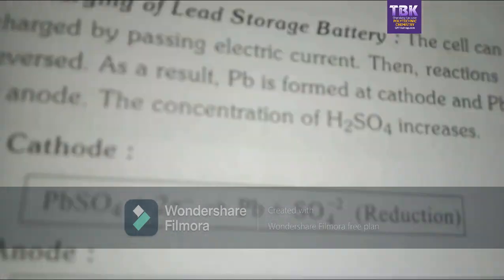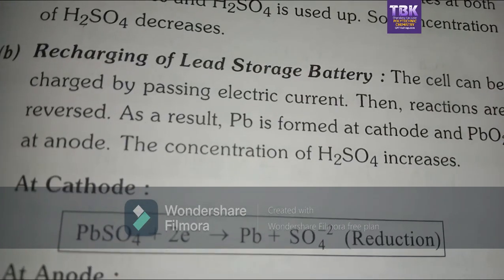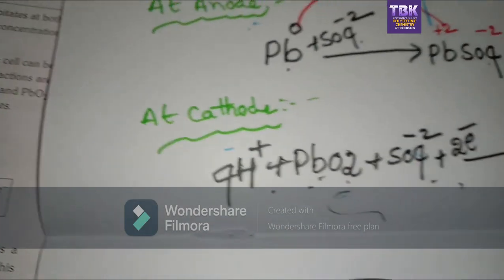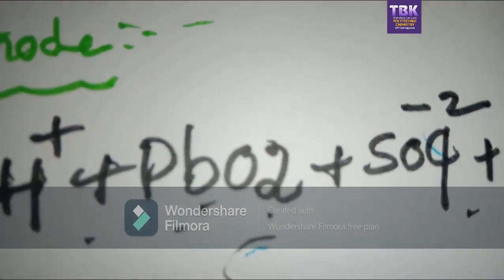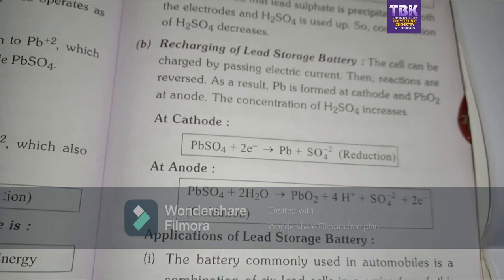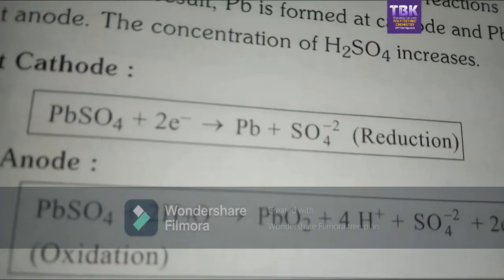Here cathode is Pb. Is it clear? In discharge reaction, cathode is PbO2. In recharge reaction, anode is PbO2. Okay.